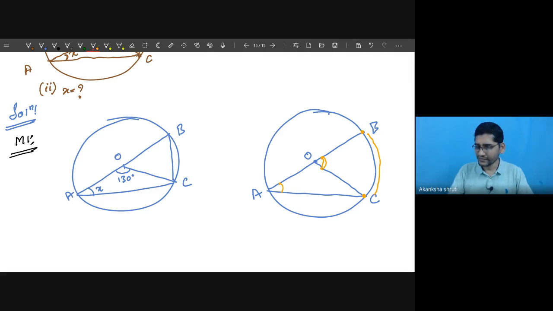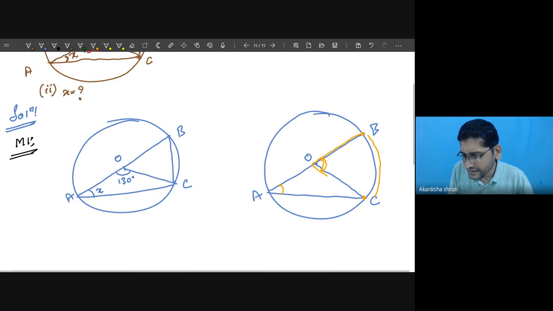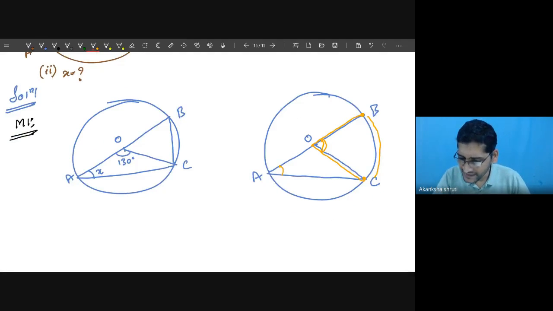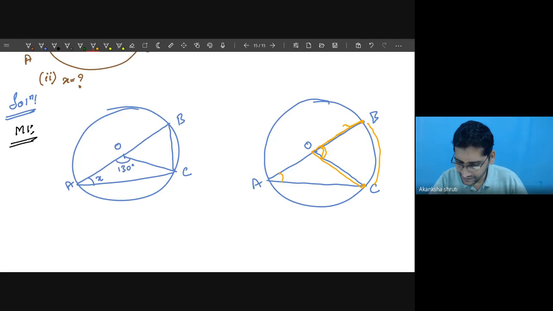Getting? From the arc BC, if you are looking from B to C at the center, this is the angle formed. But by BC, the angle formed at the circumference is like this one.